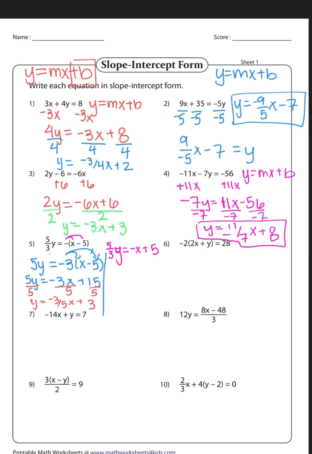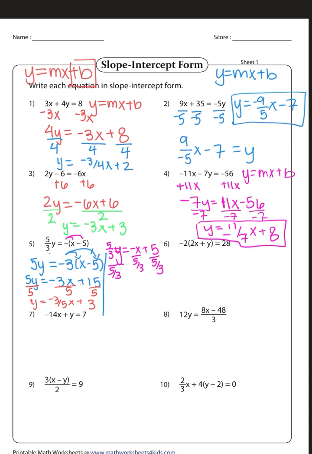The next thing we have to do is divide each of these terms by 5 over 3. So 5 over 3 here, 5 over 3 here, 5 over 3 here.